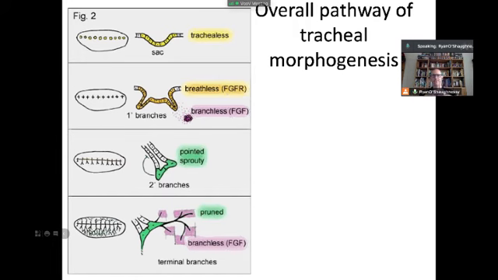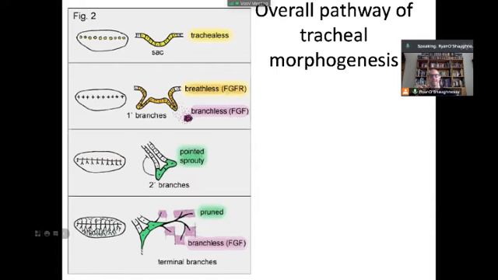So we have our overall pathway of tracheal morphogenesis, where the first thing is specification of cells that are going to become the trachea through that basic helix-loop-helix transcription factor, trachealess. So we get the initiation of the first tracheal sac through the expression of trachealess.